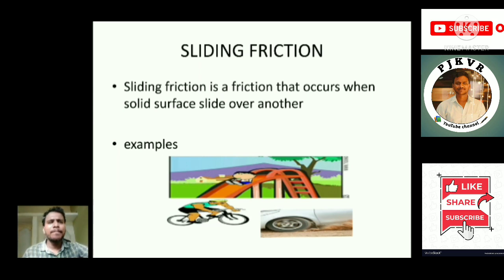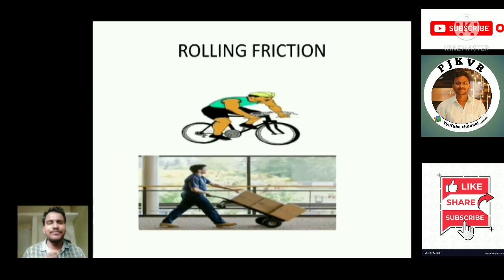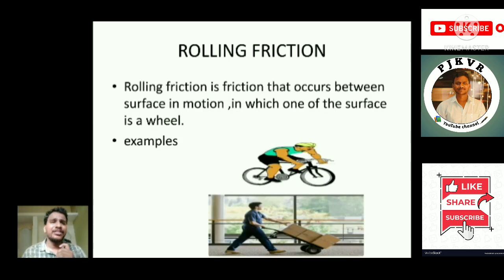Next we move on to the third one, rolling friction. This is the picture of rolling friction. What is rolling friction? Rolling friction is a friction that occurs between surfaces in motion in which one of the surfaces is a wheel. Examples of rolling friction: the truck tire, the car wheel rolling, the bike rolling, the ball bearing rolling.